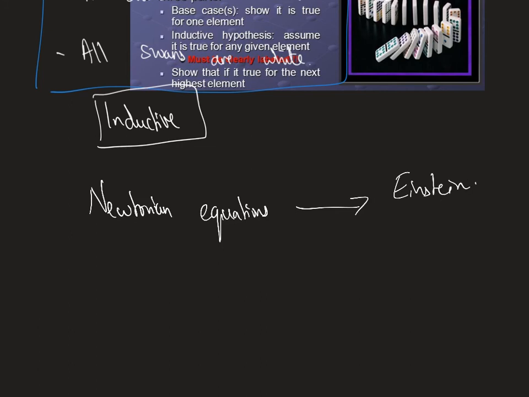Newton's laws and theories treated time as a fixed quantity, and that was changed. Now we have Einstein's theory of general relativity, where time is dynamic and fluid.